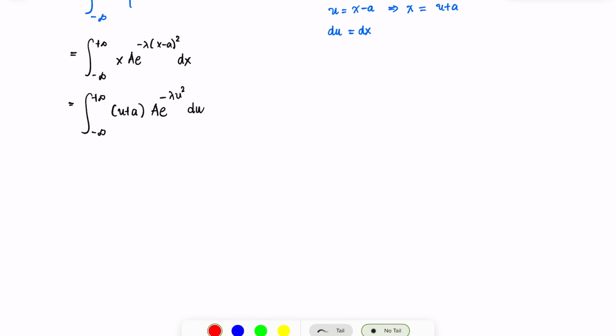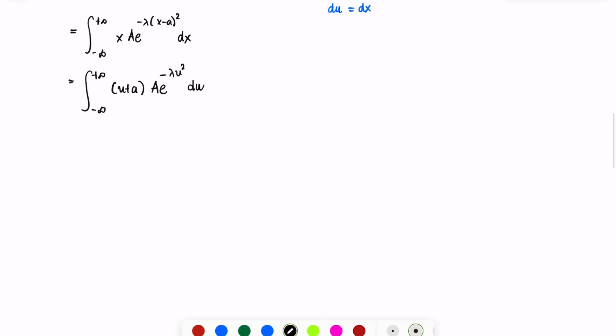Now what we're going to do next is simply a matter of distribution. This term here, I'm going to distribute to each of the terms, u and a respectively. So our integral would be the integral from negative infinity to positive infinity of u a e to the negative lambda u squared du.